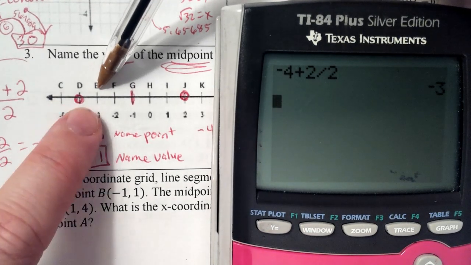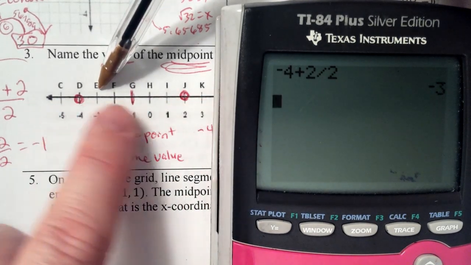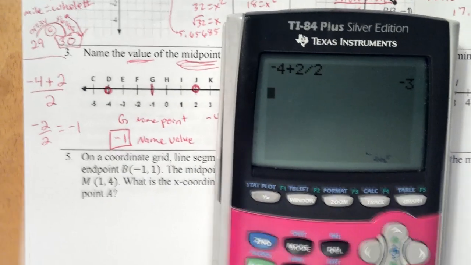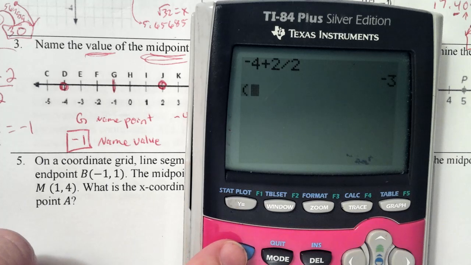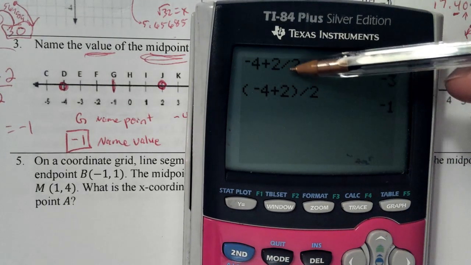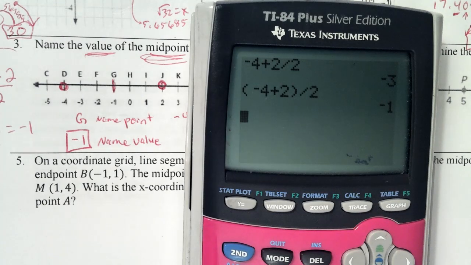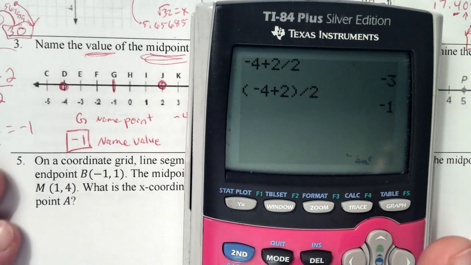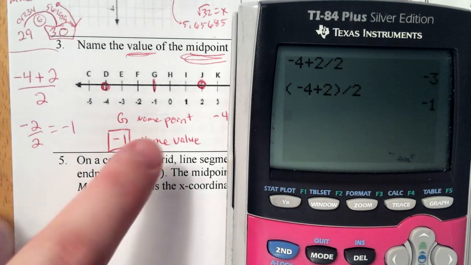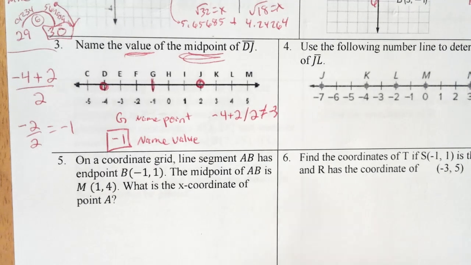Does that look like the middle of these 2 points? No, it doesn't. So that's wrong. What did I do wrong? You're supposed to do -4 plus 2 first, then divide by 2, and the answer was -1. What happened here was I accidentally just divided the second number. So you always do the top first, boop. Then afterwards, you divide by 2. So just be very aware of that.